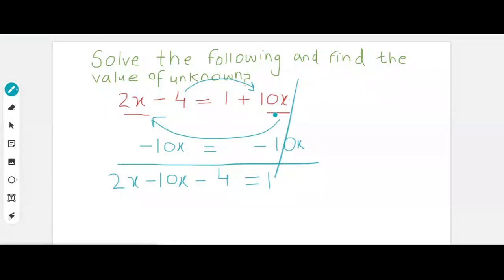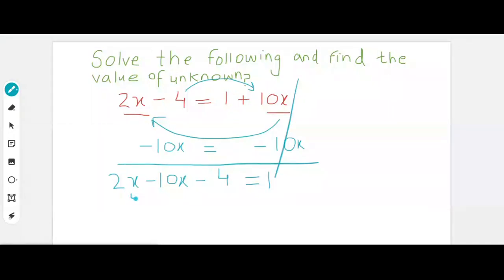To eliminate it from the right hand side, we write minus 10x so that we can cancel 10x from the right hand side, and we subtract 10x on the left hand side of the equation. Now on the left hand side, we have 2x minus 10x minus 4 equal to 1.